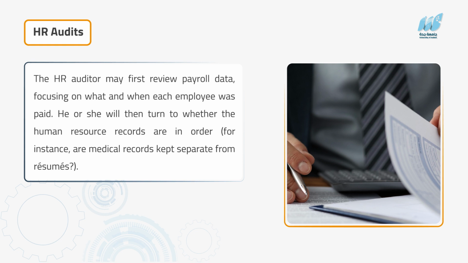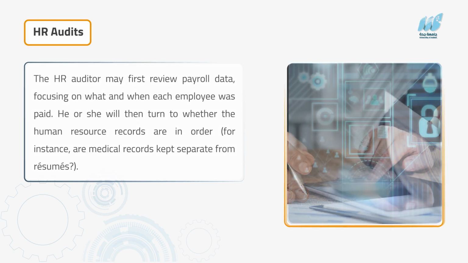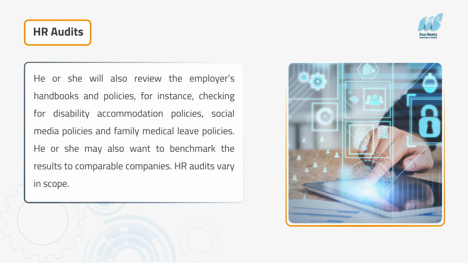He or she will then turn to whether the human resource records are in order. For instance, are medical records kept separate from resumes? He or she will also review the employer's handbooks and policies, for instance, checking for disability accommodation policies, social media policies, and family and medical leave policies. He or she may also want to benchmark the results to comparable companies. HR audits vary in scope.